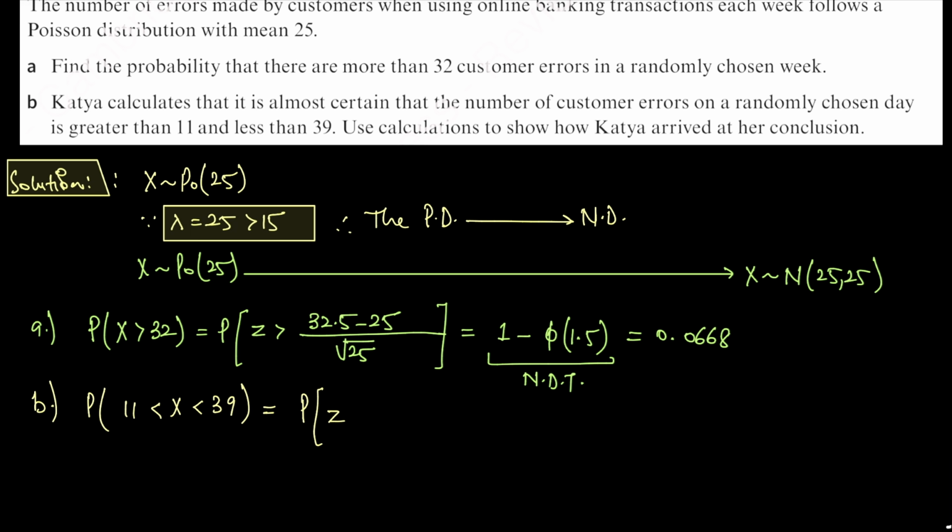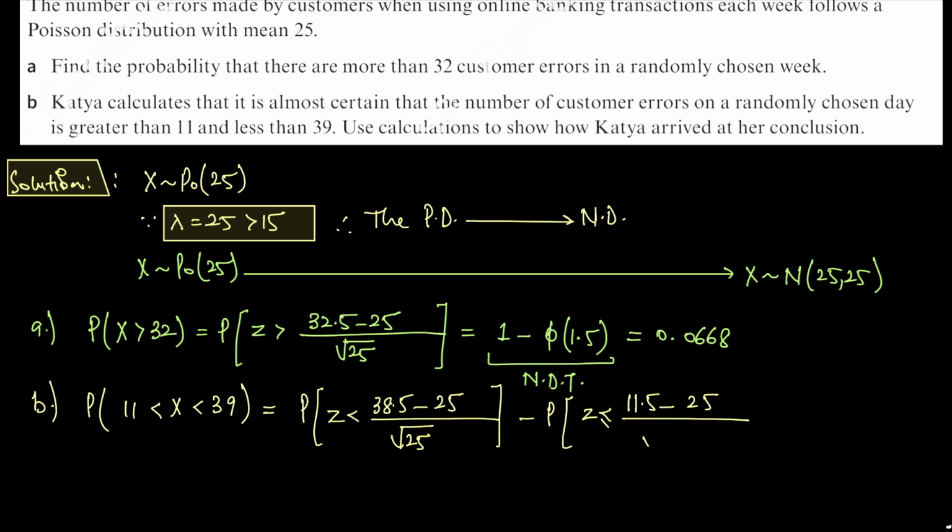So this becomes the probability of Z less than (38.5 minus 25) over root 25, minus the probability of Z less than or equal to, we will apply continuity correction because we are using a normal distribution and it is a continuous variable, (11.5 minus 25) over root 25.